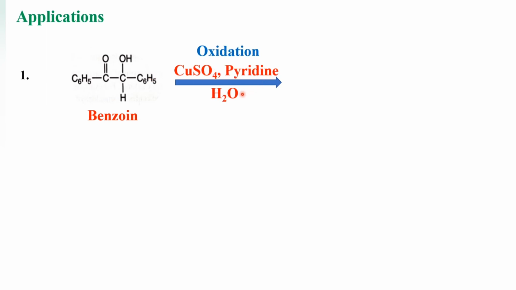On oxidation, here we have a secondary alcohol, and a secondary alcohol on oxidation usually gives a ketone. So instead of CHOH, here we are getting CO, which can be called benzil. So benzoin on oxidation with copper sulfate and pyridine gives benzil. The secondary alcohol is converted into a ketone.